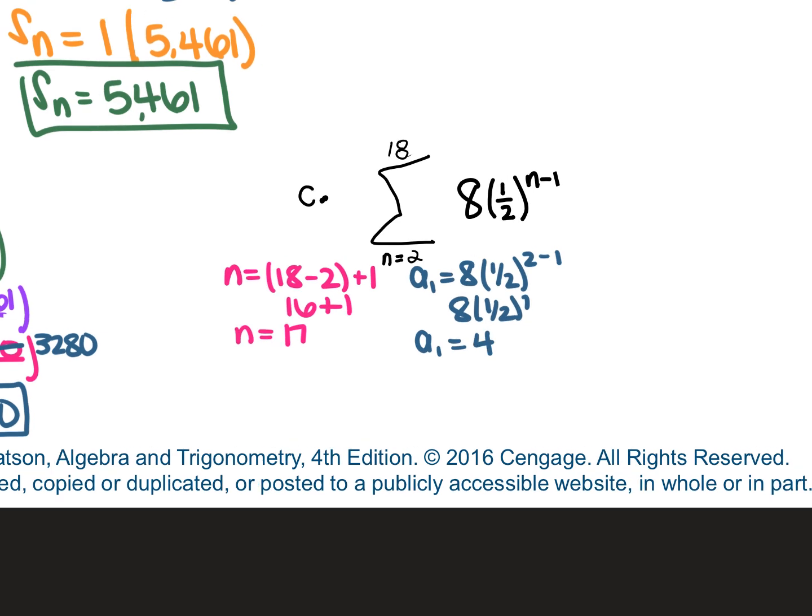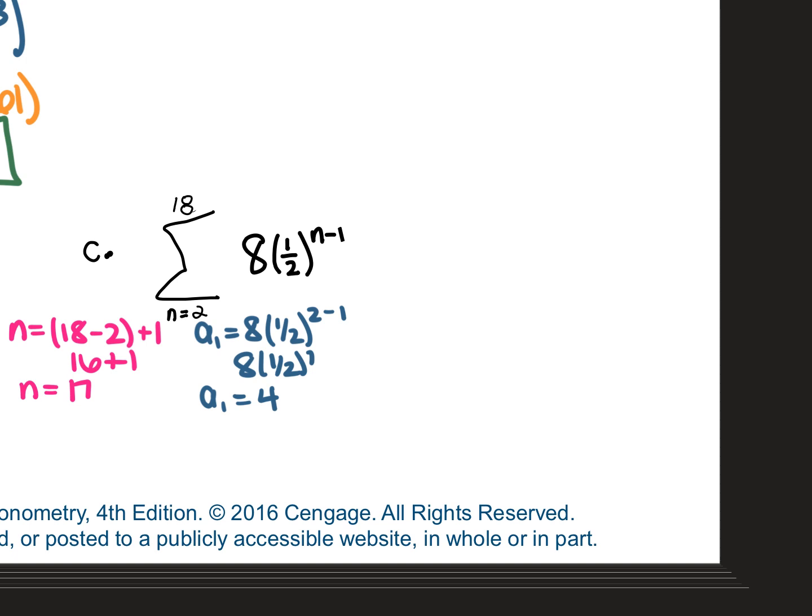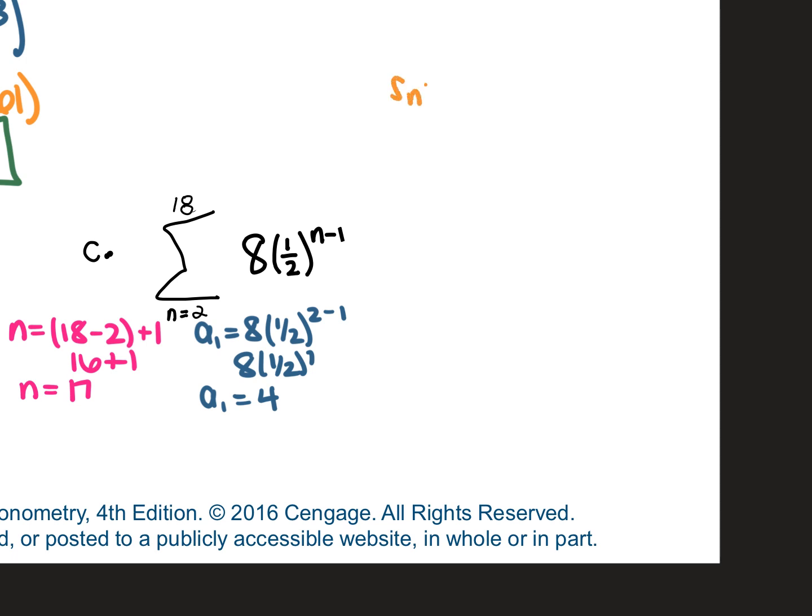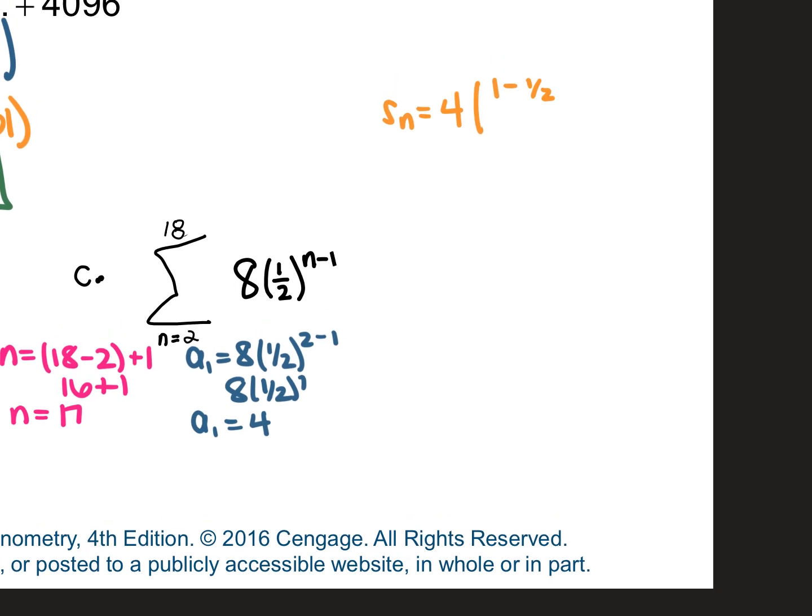Now use your formula. You're going to have S sub n is equal to a sub 1, which is 4, times 1 minus r, which is 1/2, to the power of n, that's 17, over 1 minus 1/2.